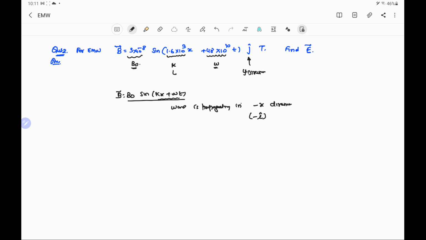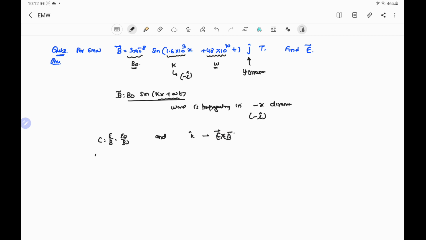So propagation constant has the direction along the minus i. Now we will use two basic relations which we have already mentioned, that C equal to E by B or E naught by B naught, and the direction of propagation, that is k, is along E cross B.